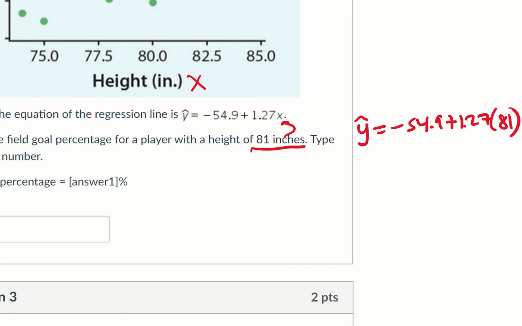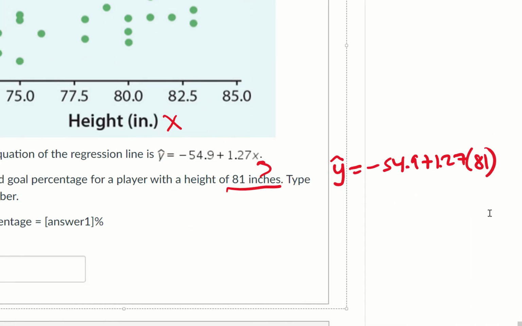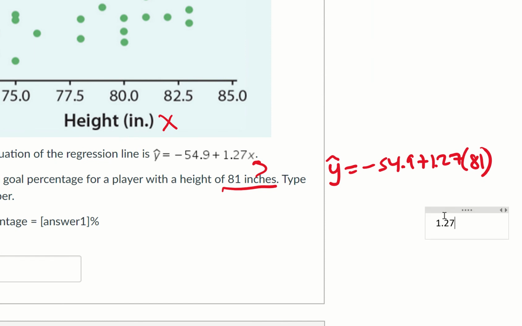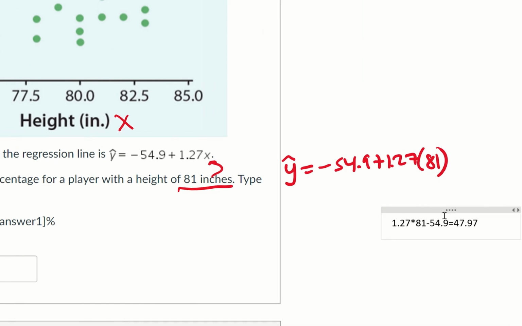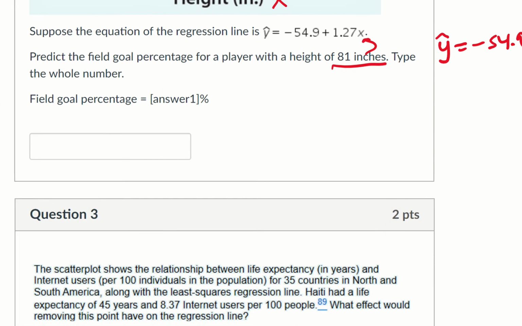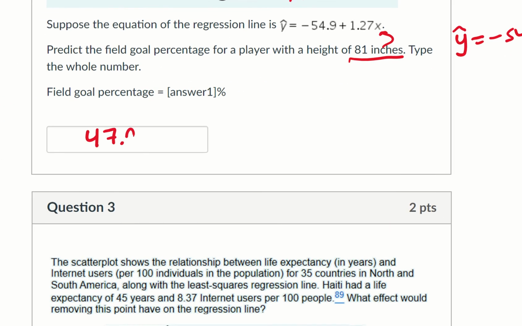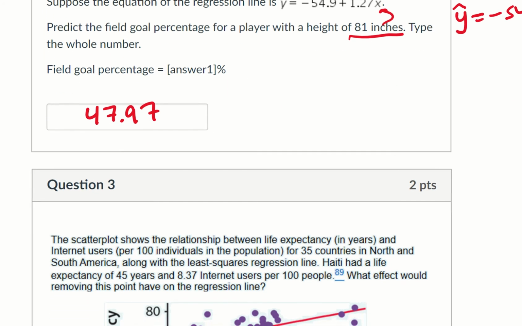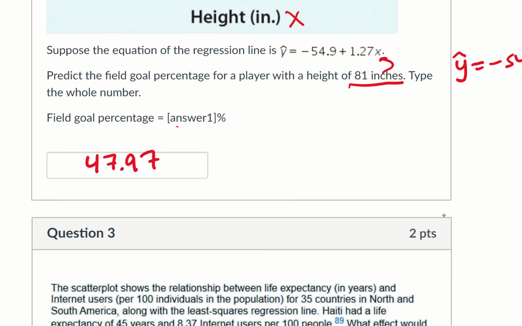So you type it in like that, and we'll go ahead and we'll calculate this on here. Okay, so we get 47.97. In this case, this is the percentage. So you don't have to type the percentage here. They already have percent on here, but it's going to be 47.97%.